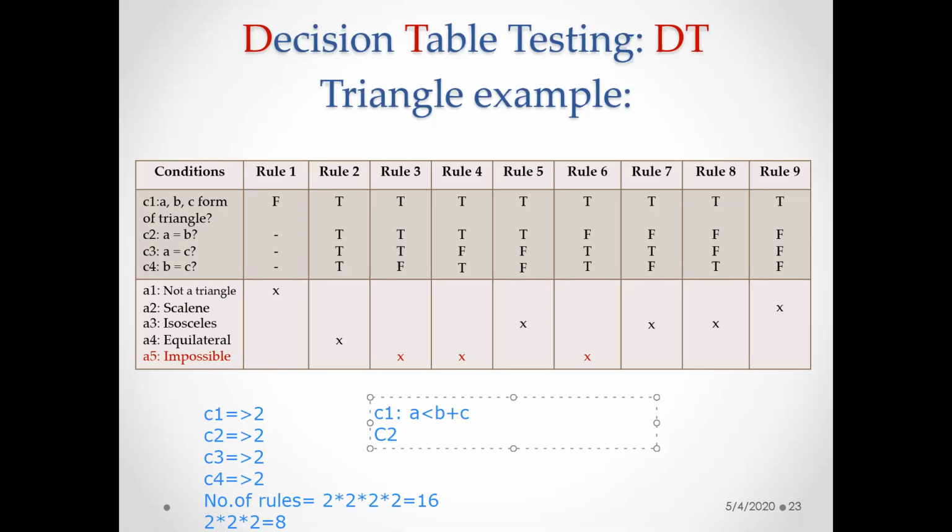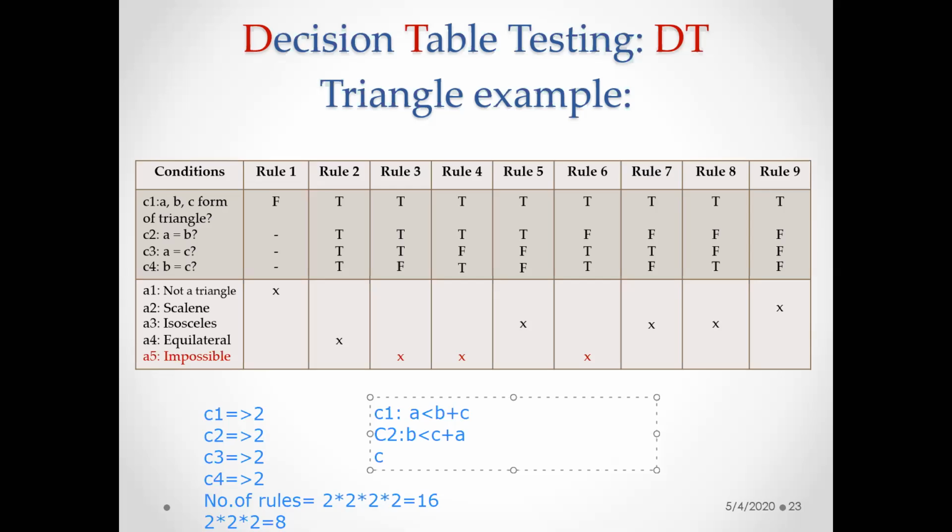C2: B should be less than C plus A. Similarly, C3: C should be less than A plus B.